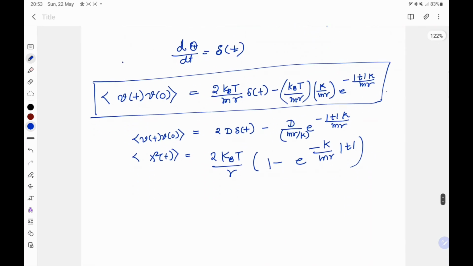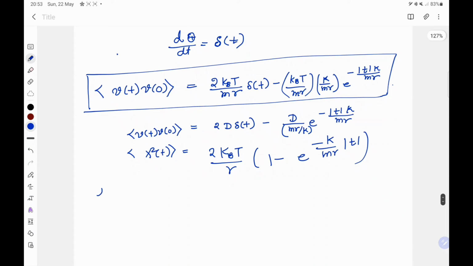Now for very short time, t tends to 0, what shall we have? Let us expand it. So x square t mean value would be 2 kB T over gamma times (1 minus 1 plus kappa over m gamma t), let's say for t greater than 0.